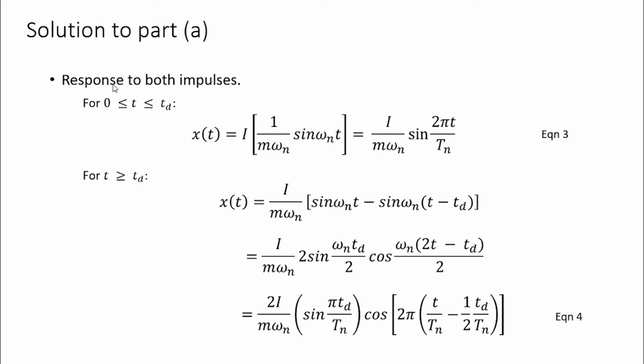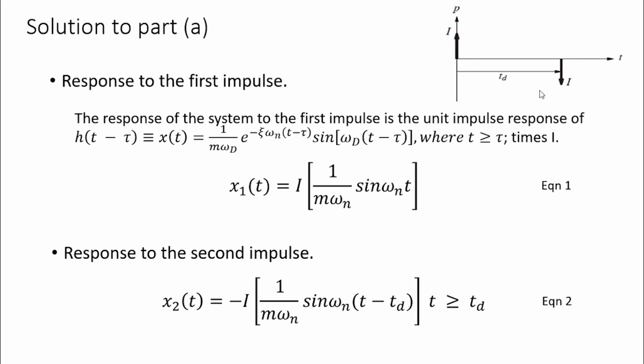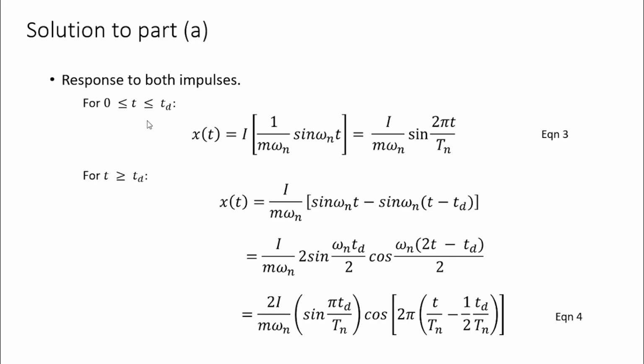So now let's find the response due to both the impulses. As we have seen here, when t is less than td, only the effect due to this impulse is there. So when time is less than td, the response will be equal to x1.